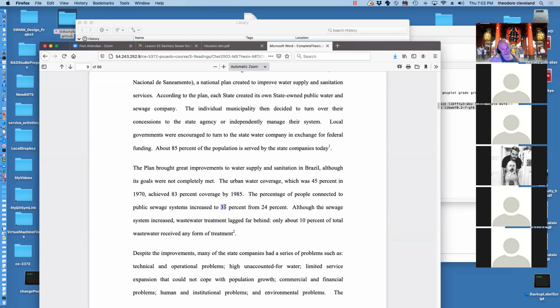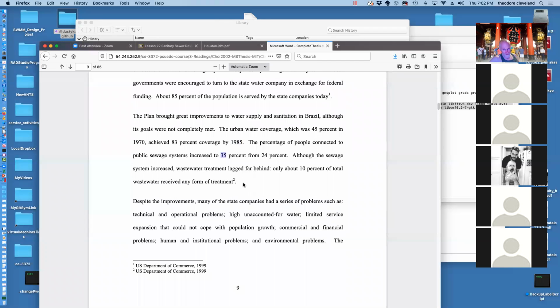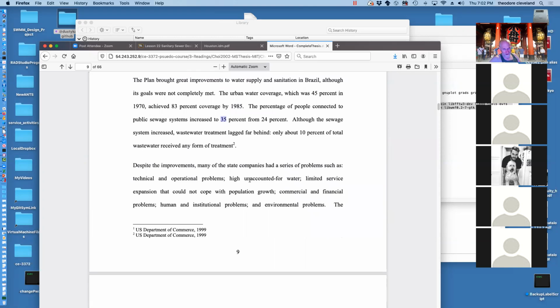That's not very good. The United States is far better than that. We're a wealthier country indeed, but there's no really good reason why this is so. So this design will certainly help this community.